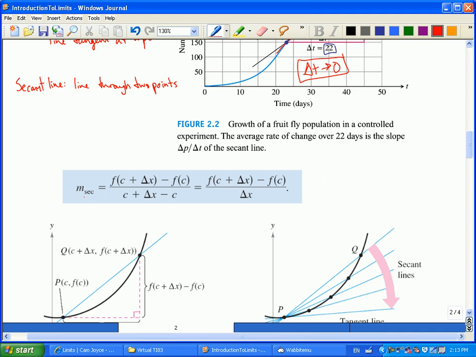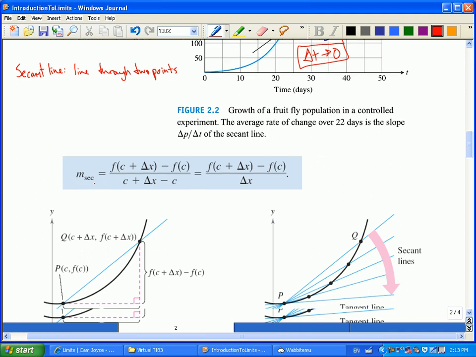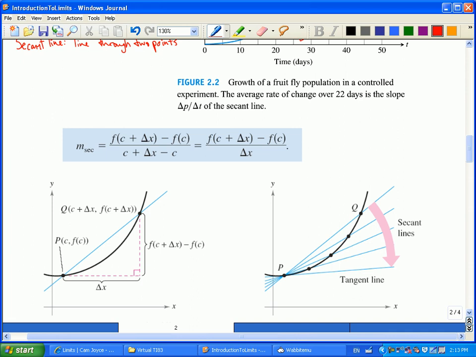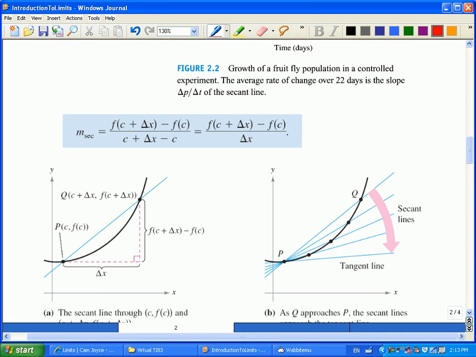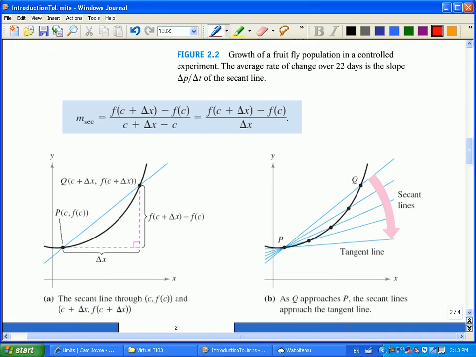So here's the slope of a secant line. And they're trying to do the same picture for you. Of course, they're doing a much better job with computer graphics than I did. But this is the rise. This is the run, just like any other slope that you've calculated. So that's what you have here, the rise over run.